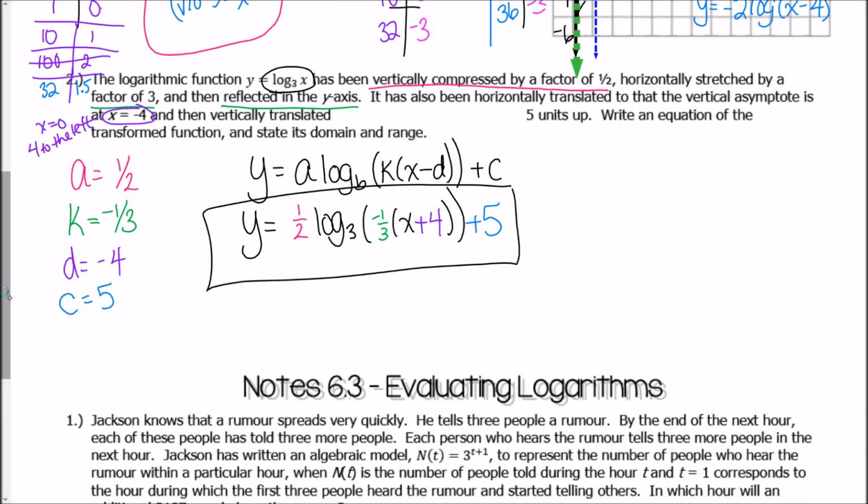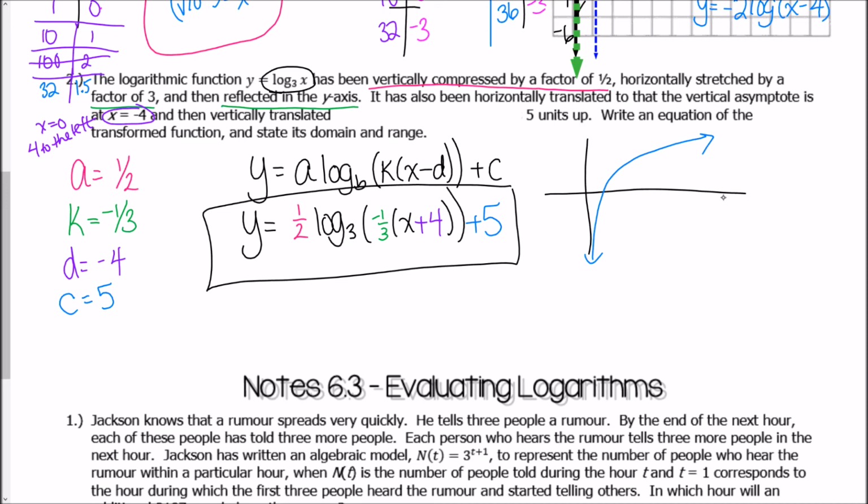Then it asks us to state its domain and its range. So remember, the parent function, no matter what the base is, is going to follow a general shape that looks like this right here. And we have a vertical asymptote at x equals 0. Well, our vertical asymptote is now 4 units to the left.